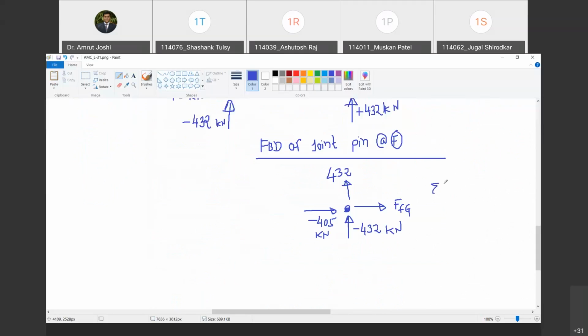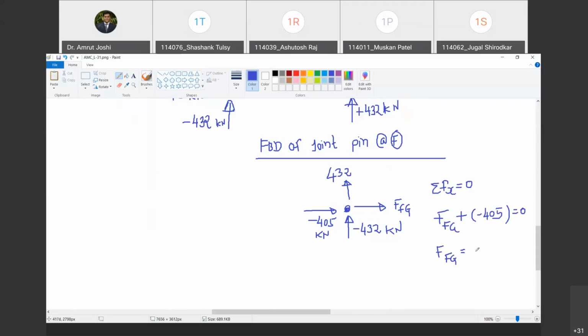Summation Fx equal to 0 to this free body diagram. So what does it give? Force in member FG plus minus 405. Do you agree with me? Yes, sir. Is 0. So what is the value of FFG?